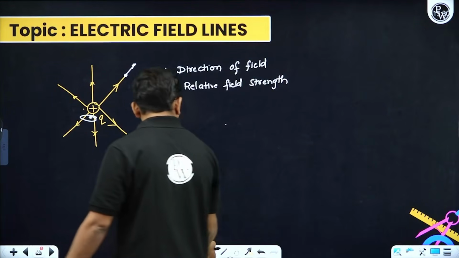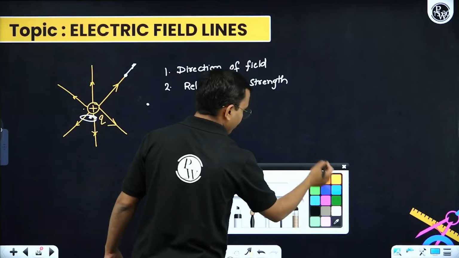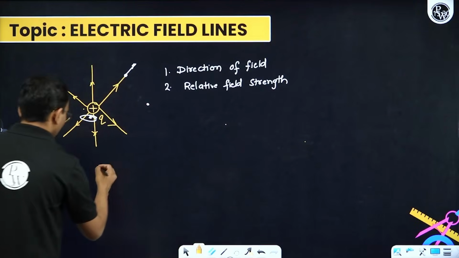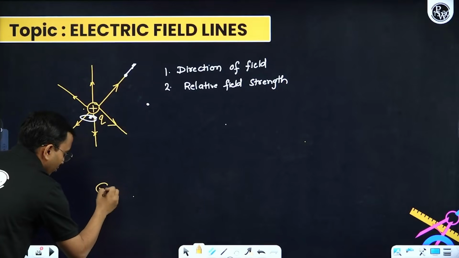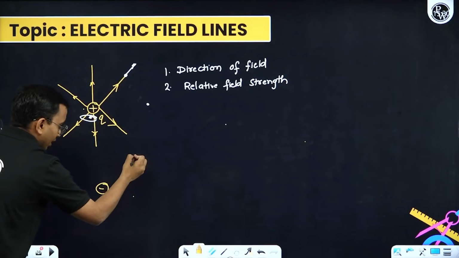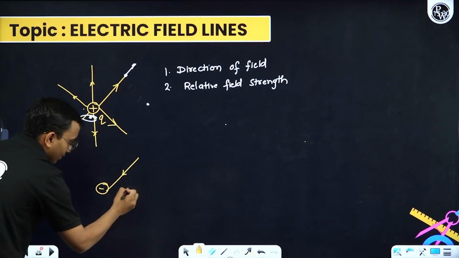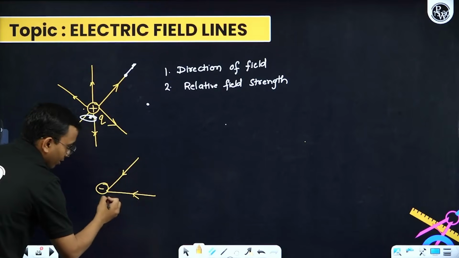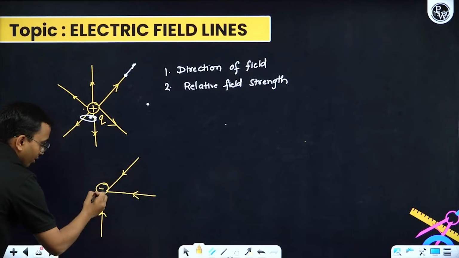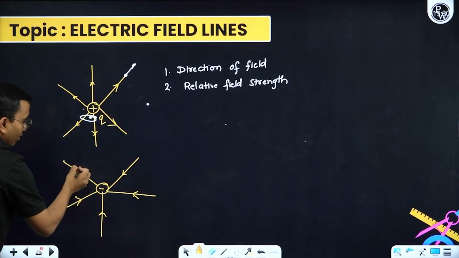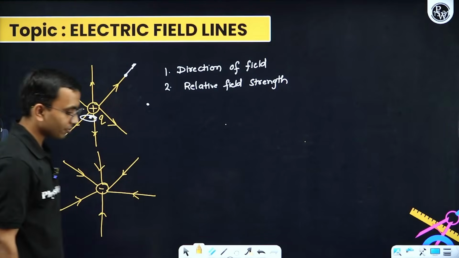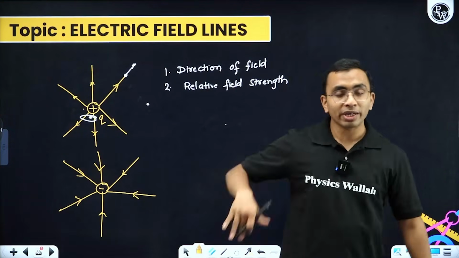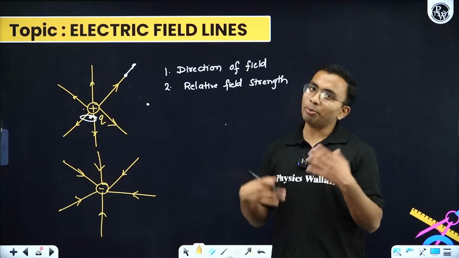On the other side, if I draw the field due to a negative charge, let us take negative charge minus q, it will show the field lines entering. Now, how many field lines to show? It depends on you.